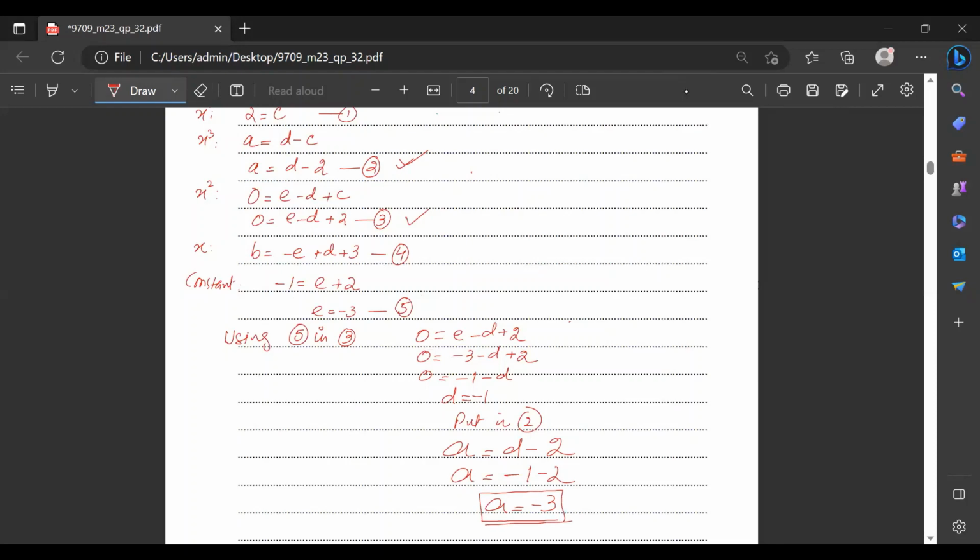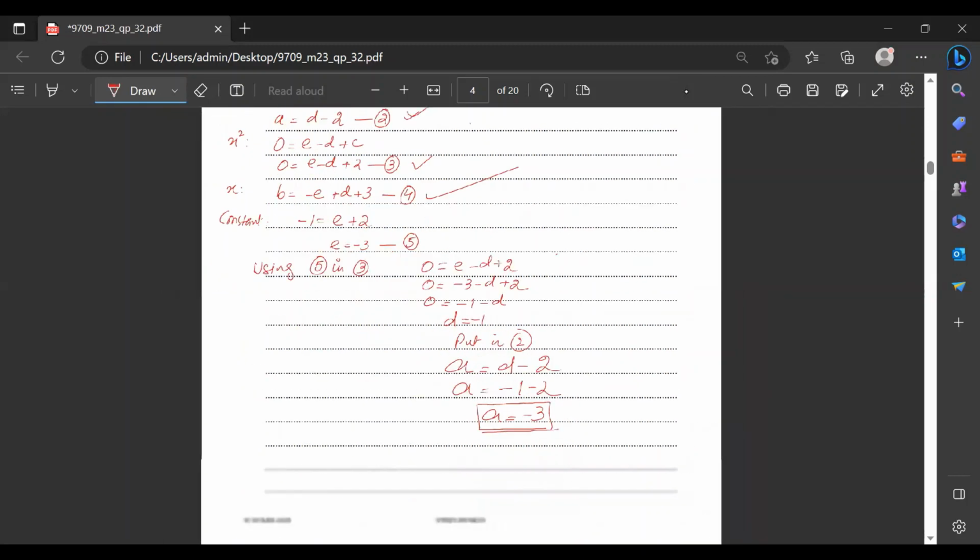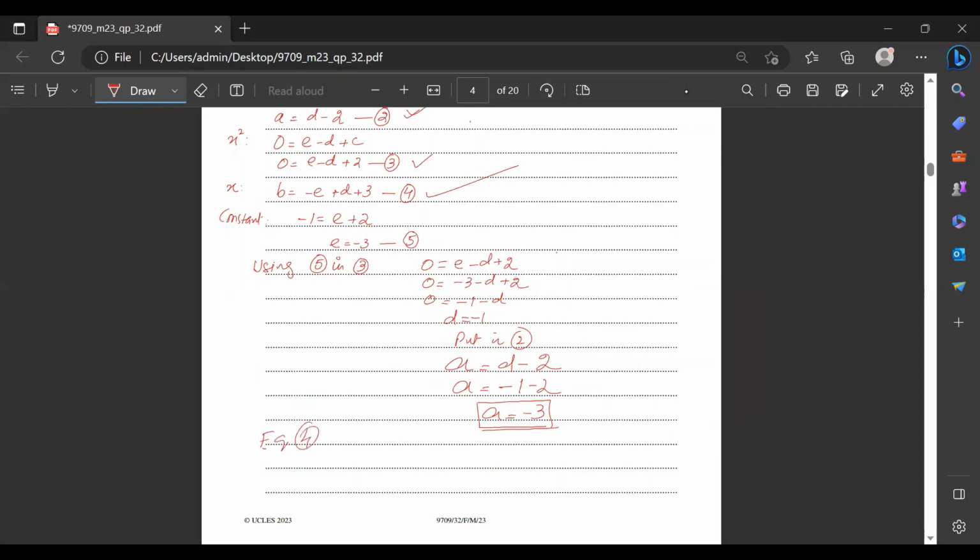For b, you can use equation 4: b equals minus e plus d plus 3. e is minus 3, d is minus 1, so b equals 3 minus 1 plus 3. So the value of b is coming as 5.